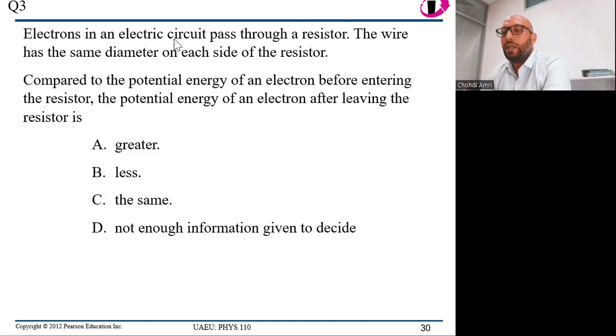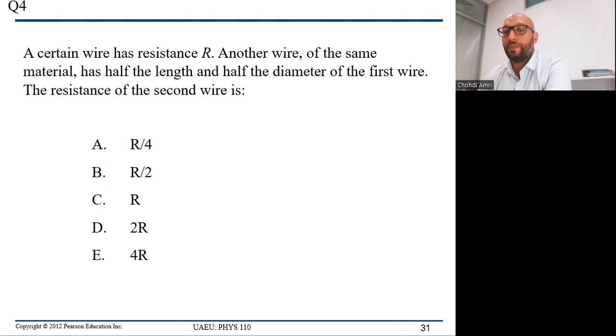Question 3: the electrons in an electric circuit pass through the resistor. The wire has the same diameter on each side of the resistor. Now we talk about the potential energy of an electron before entering the resistor. The potential energy of the electron after leaving the resistor would be less. Why is it less? Because some of the energy will be lost in the resistance.